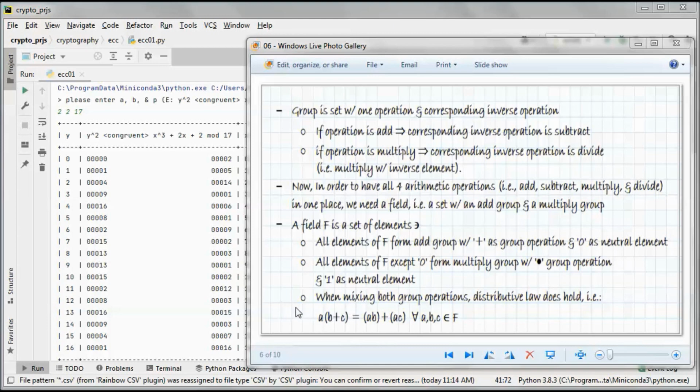And when mixing both group operations, the distributive law does hold, meaning A times (B plus C) is equal to A times B plus A times C for all A, B, C in F.